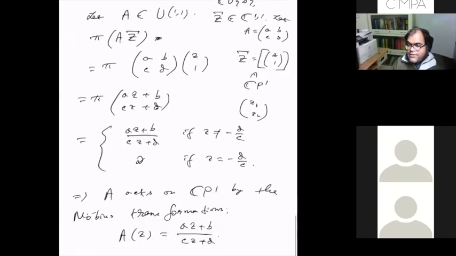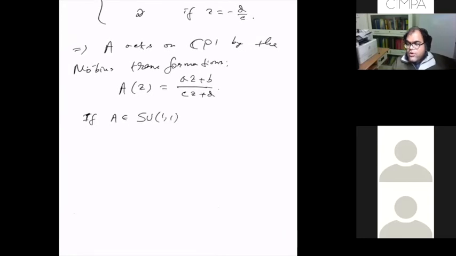If A is in SU(1,1), so we take determinant 1 matrices for simplicity, and A equals (A, B, C, D), then you can check, using A bar transpose H A equal to H, that it satisfies this relation.